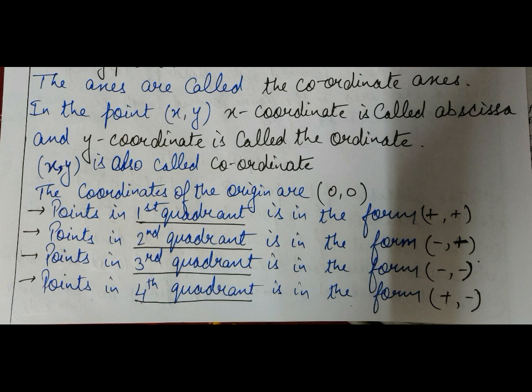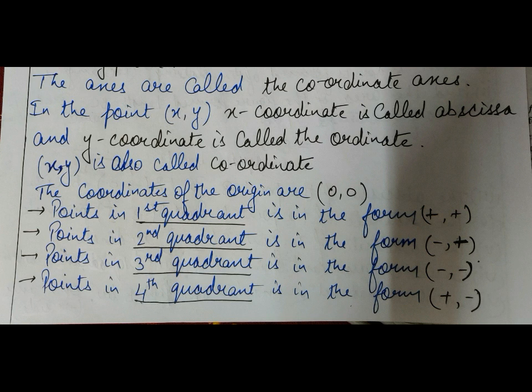Then come to point number 3, that is, the axes are also called the coordinate axes. In the point (x, y), the x coordinate is called the abscissa and the y coordinate is called the ordinate. Next, (x, y) is also called a coordinate. Please remember these 3 things.